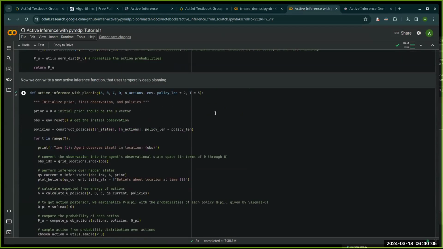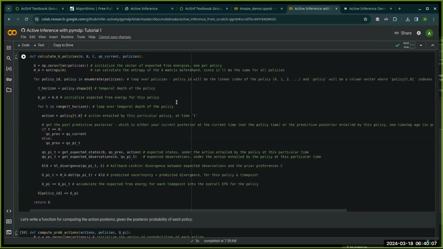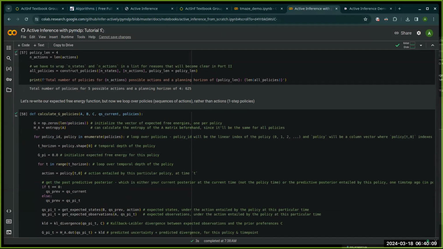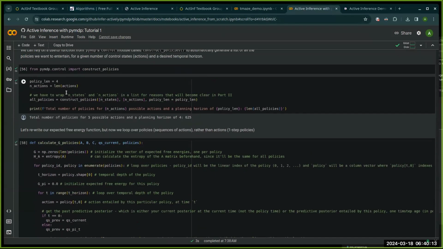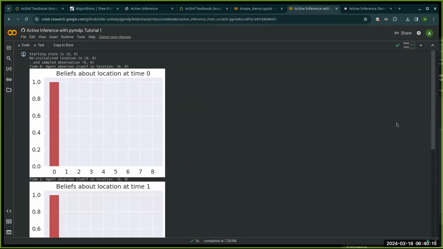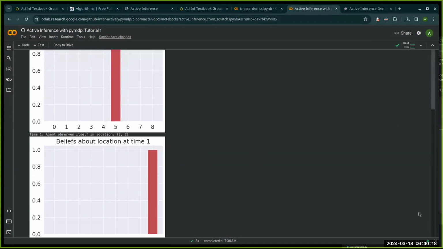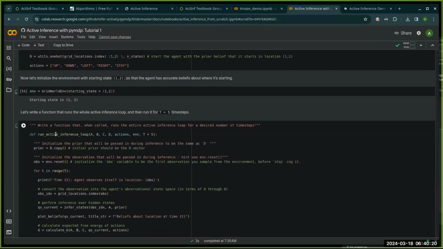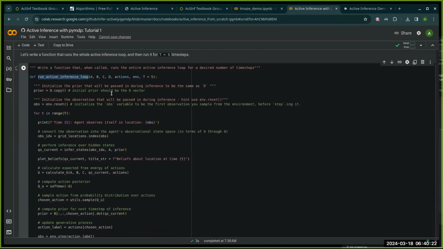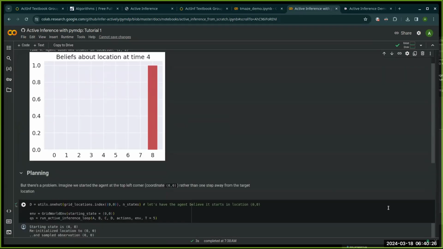So, this is tutorial 1. They first have a simpler version with no planning. So here's an active inference loop with no planning. Then planning comes into play.